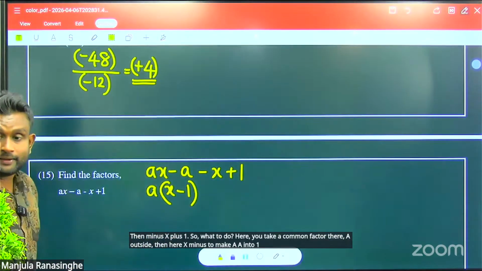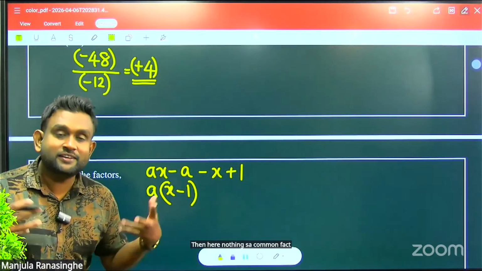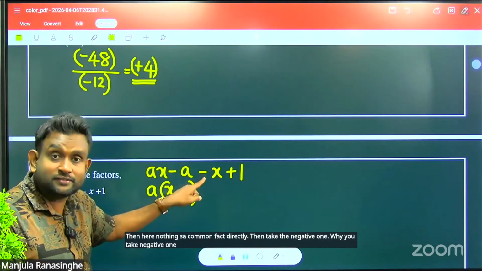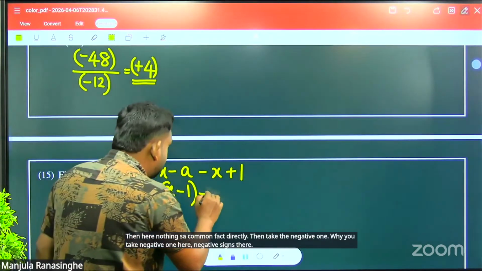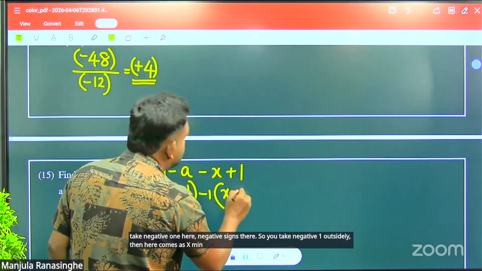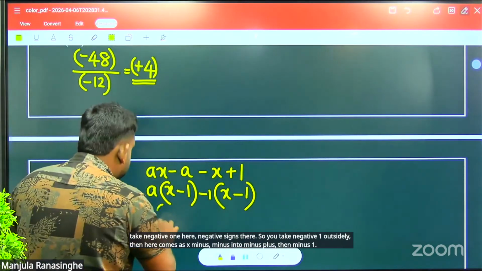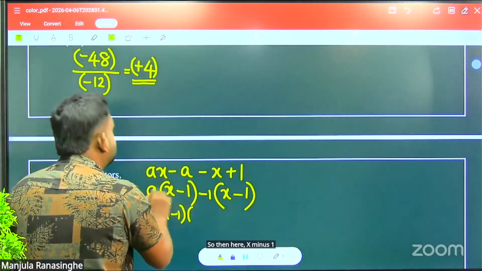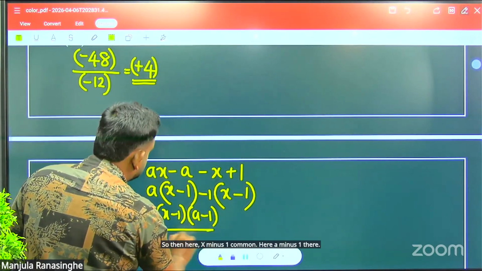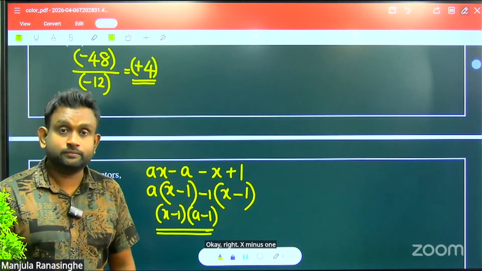Then here nothing appears as a common factor directly. Then take the negative 1. Why do you take negative 1? Here negative signs are there. So you take negative 1 outside, then here comes x minus, minus into minus plus, then minus 1. So then here x minus 1 is common, here a minus 1. Okay, right. x minus 1, a minus 1.